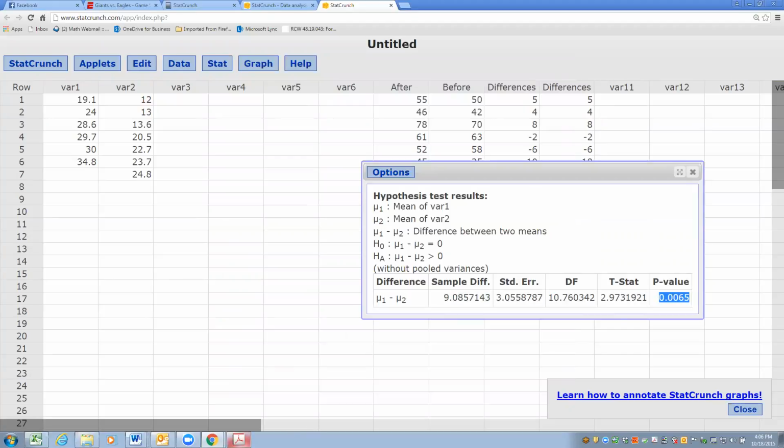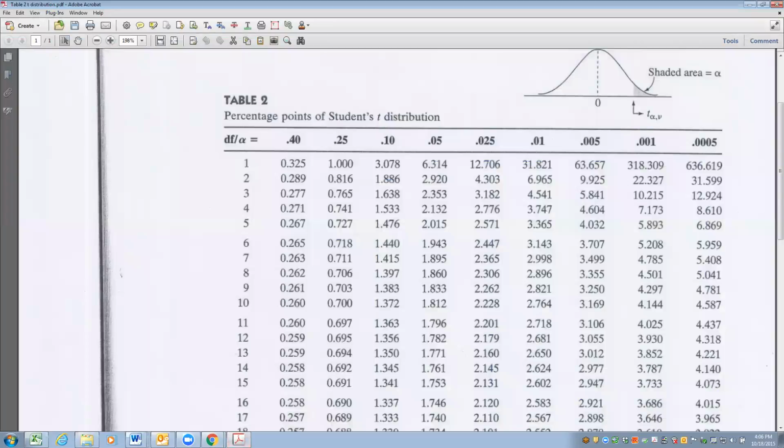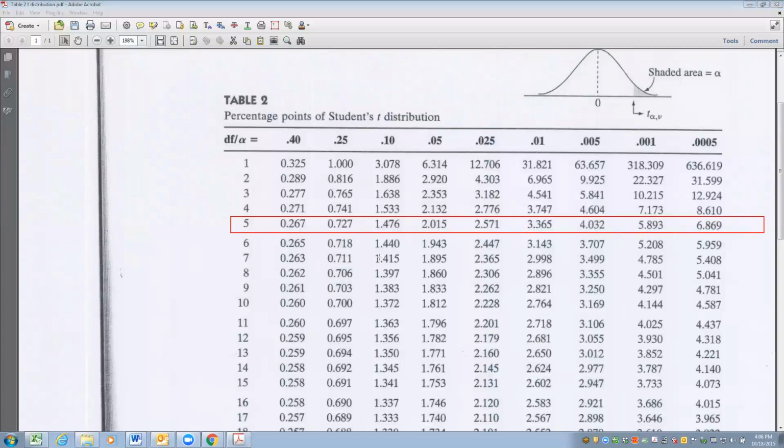Let's see if we could come up with that as a range from our t-table. Notice that in the t-table, I would go to the 0.05 row, or the 5 row for 5 degrees of freedom.